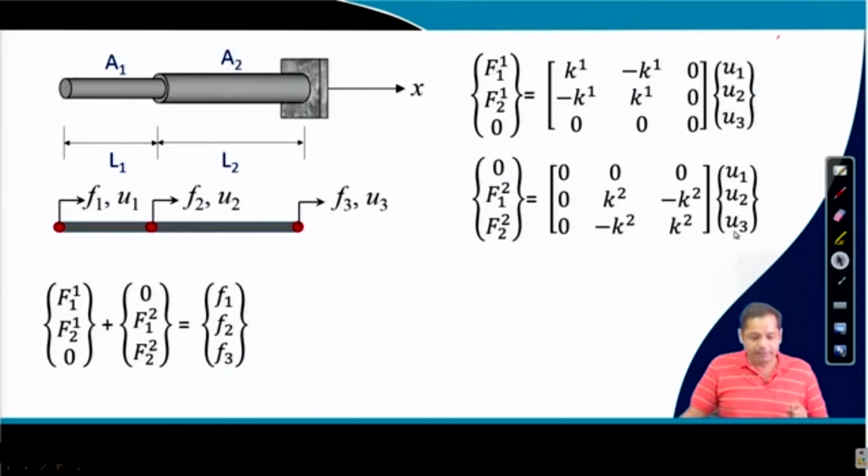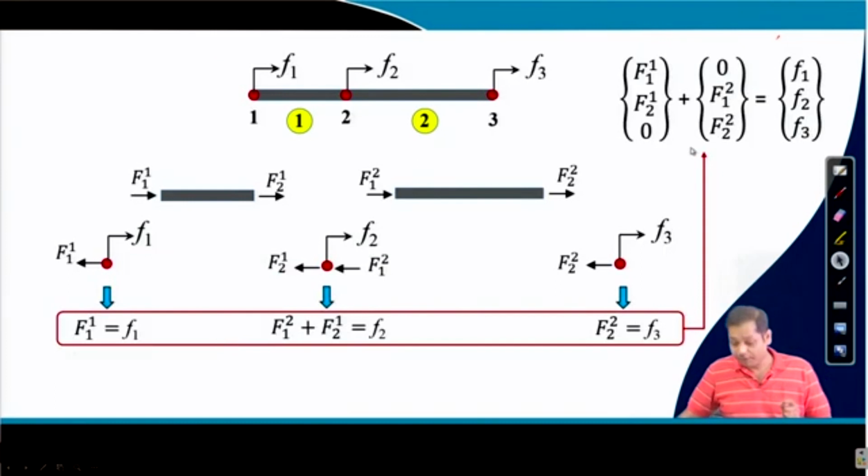So we have now this. This we have already seen. You remember the element level equations. Now element level equations are expressed in this fashion, so that we can add the forces like this. And this is the equation we just derived in the previous slide, this one.